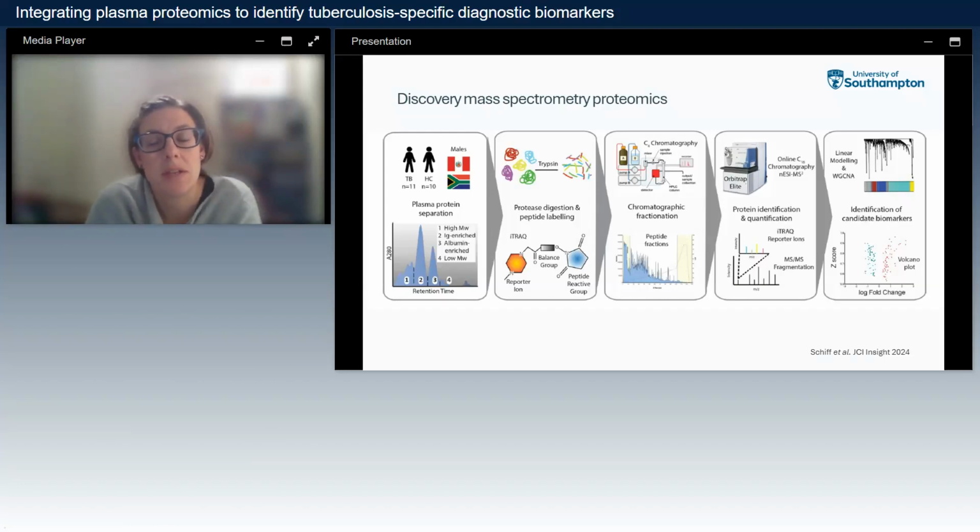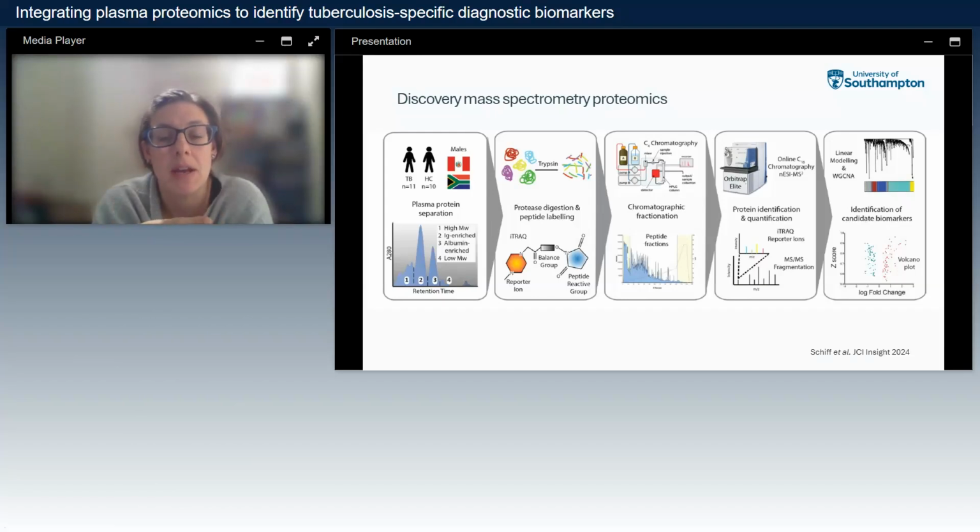But this immunodepletion has been shown to co-remove other molecules of potential diagnostic utility. So this protocol was particularly good because it worked on serial orthogonal plasma separations.